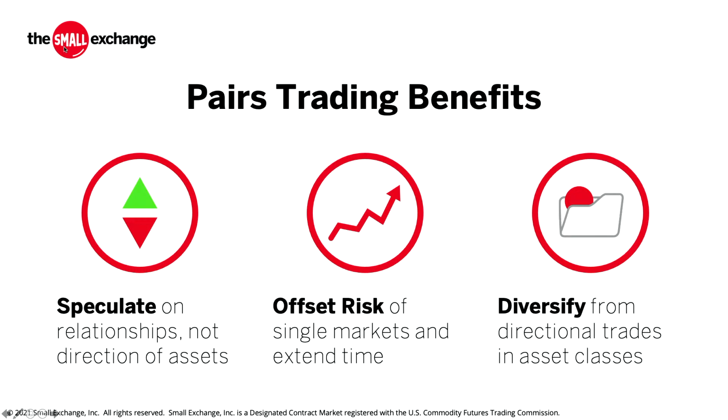And finally, and this might be for some the most intriguing benefit of pairs, is the diversification that it lends. This is great because like I said, a lot of people maybe get tired of picking a direction on asset classes, but that's not to say that you're just never going to do it. I think even if you have the most neutral outlook on stocks and metals and interest rates and everything else, you're almost always going to have some kind of directional play going on.